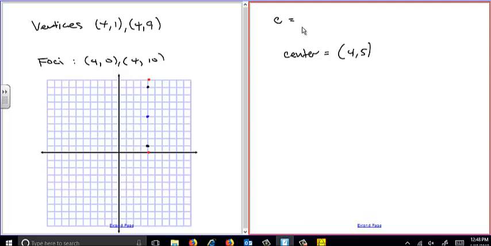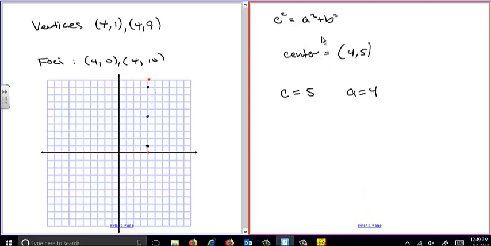And then we have that c squared is equal to a squared plus b squared. Now here c is the distance from the center to each focus. So 1, 2, 3, 4, 5. So c is 5. a is the distance from the center to the vertices. So that's 1, 2, 3, 4.